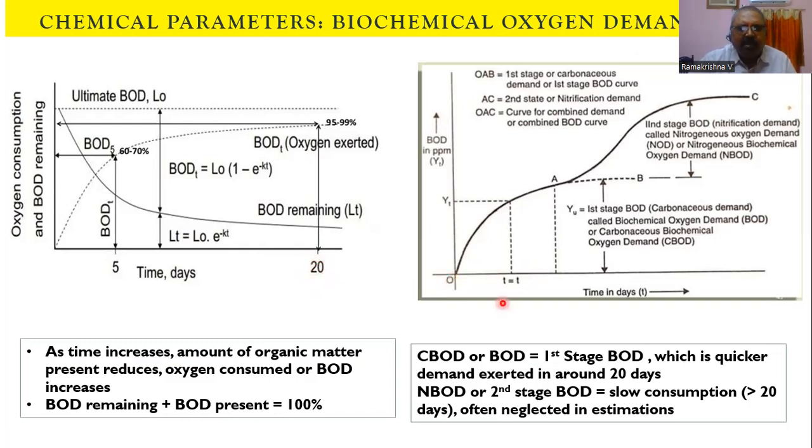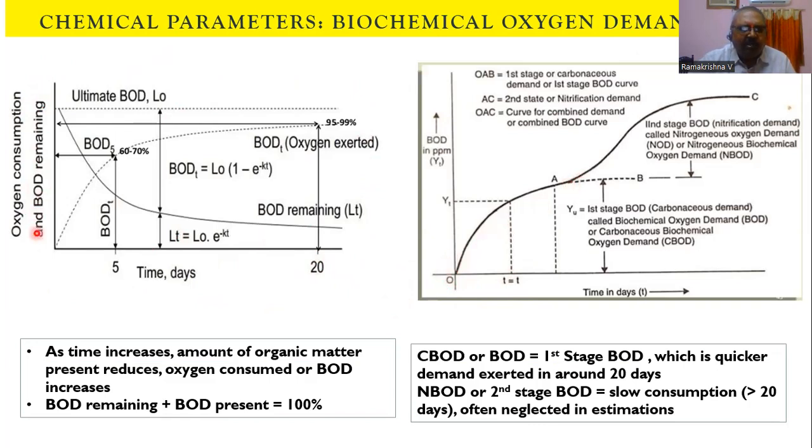But actually speaking, organic matter is of two types: carbon-based organic matter and nitrogen-based organic matter. What we are talking about through the BOD test is only the carbon-based organic matter decomposition. The nitrogen-based organic matter decomposition is also there.